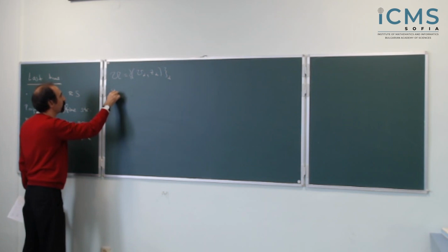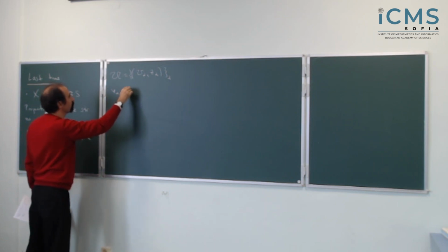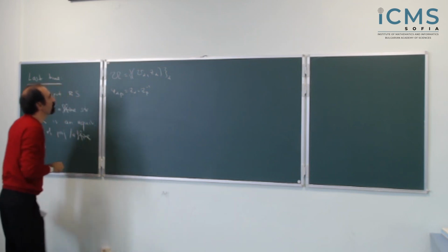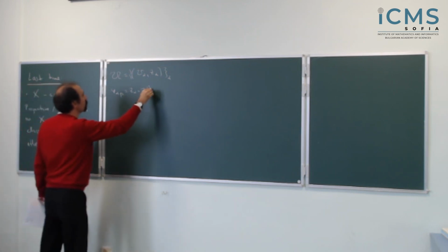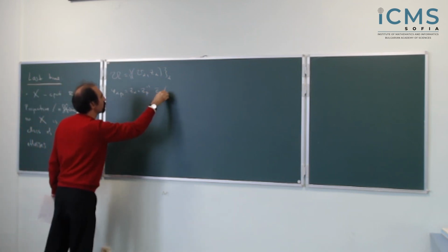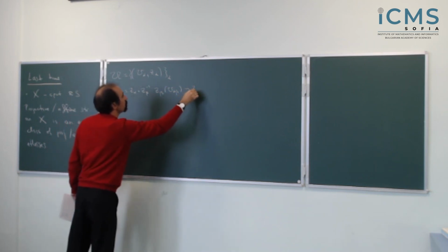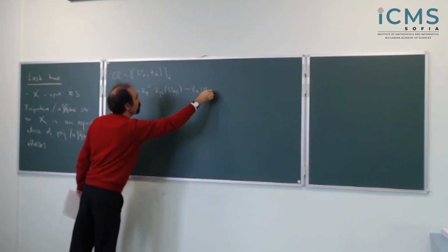So if we look at these phi alpha beta, which is z alpha after z beta inverse, these go from z beta of U alpha beta to z alpha of U alpha beta.